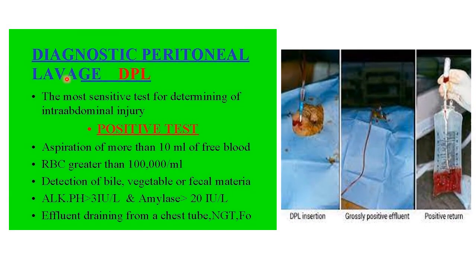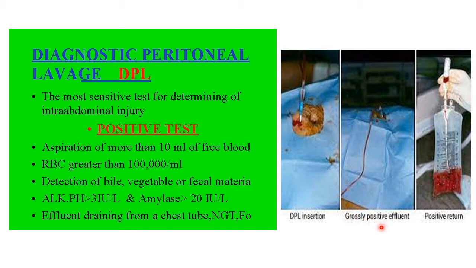What is diagnostic peritoneal lavage, DPL? In diagnostic lavage, a tube is inserted from below the umbilicus into the peritoneal cavity, and this is then connected to a tube, and then you aspirate to see whether there's blood.